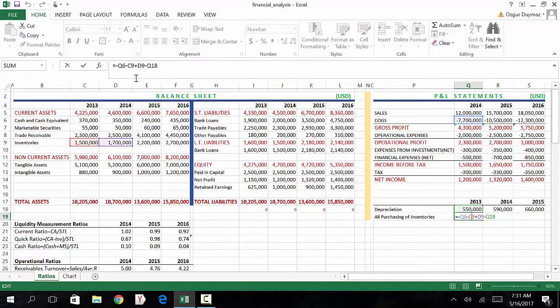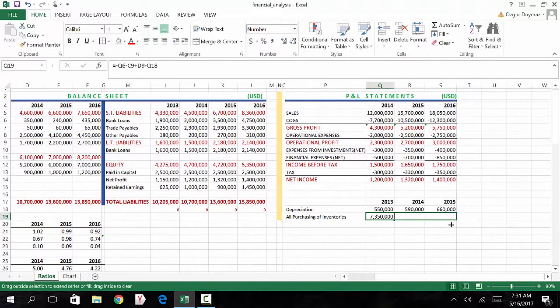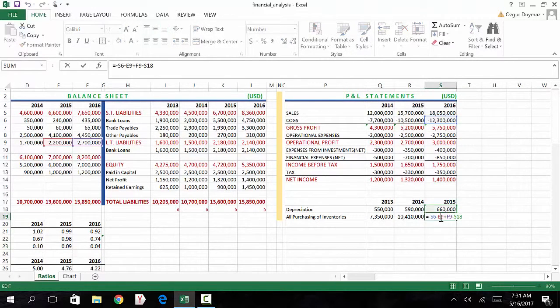Yes, and look at that. This is all purchasing of inventory.